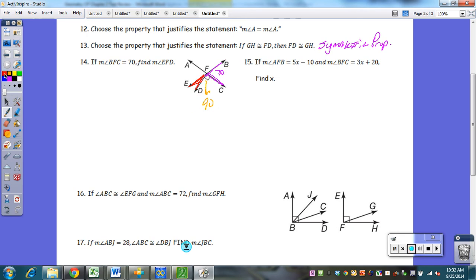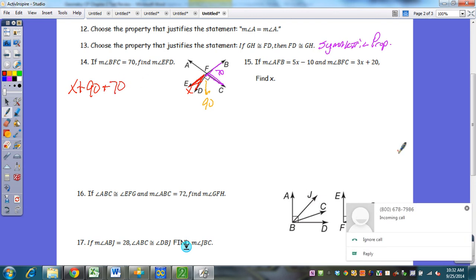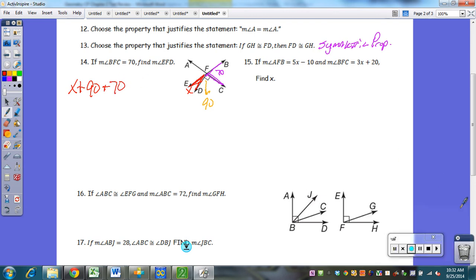So again, I don't know what this angle is, but if I add it to the 90 with the 70, set it equal to 180.